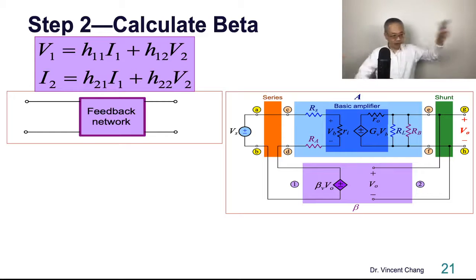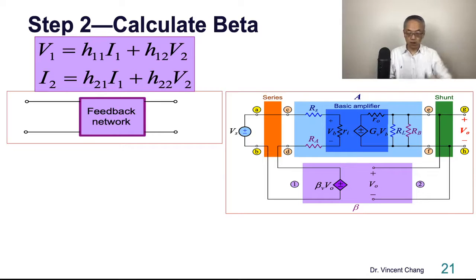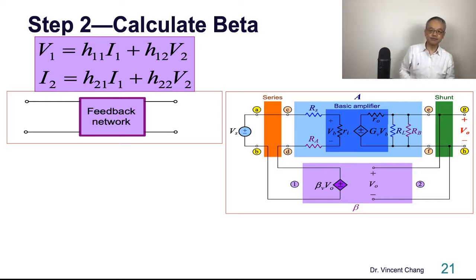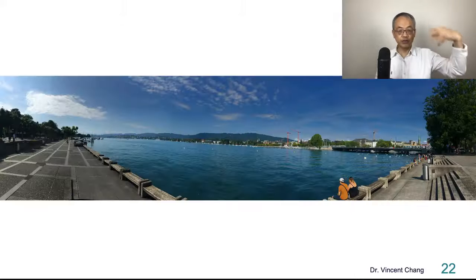You can't just go around every topology and find out what's the beta for shunt series. It's not. So you need a strong foundation. That's why you learned from the previous lecture. What is beta? Remember, I said the meaning of the 4 h parameters: input resistance, reverse voltage gain, forward current gain, and output conductance.